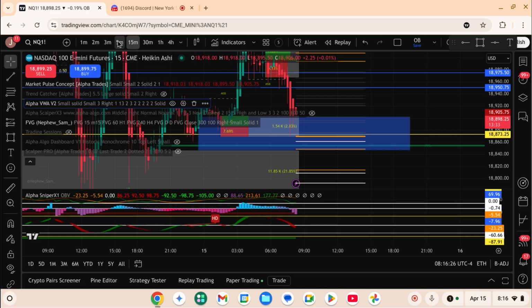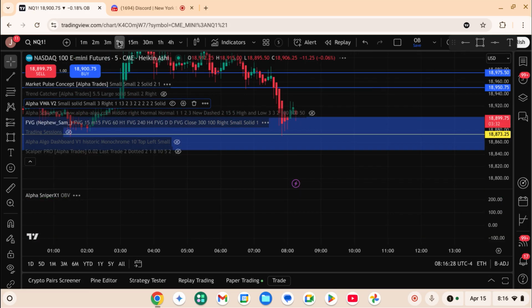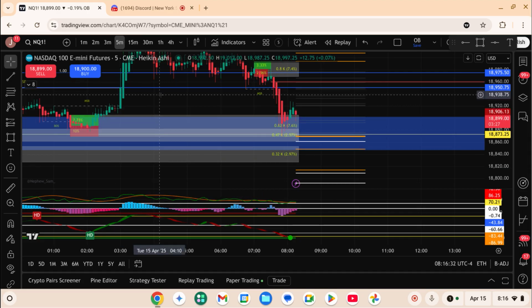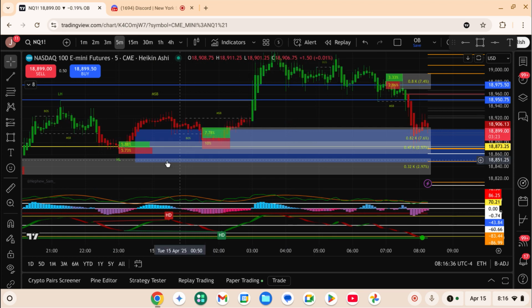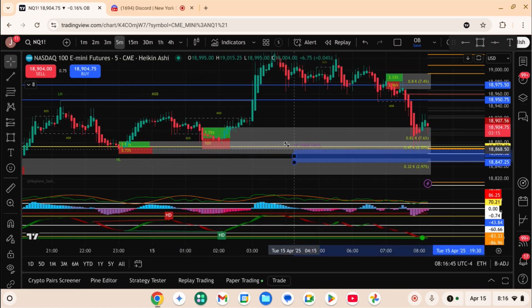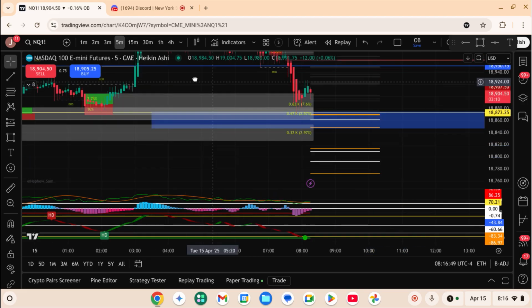Now let's go to the 5 minute. And we'll adjust it a little bit more. The lower you go in time frames, the more you'll see the price start to close in inside of a tighter range.